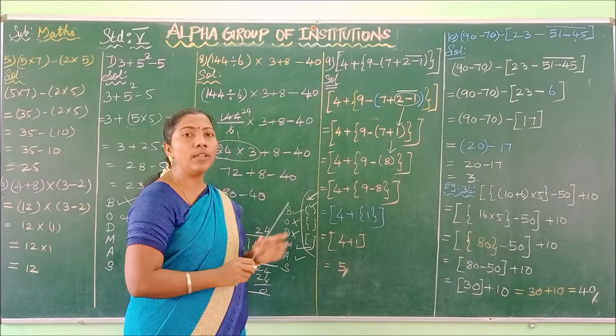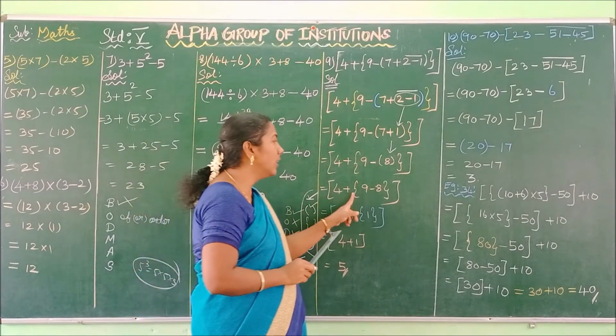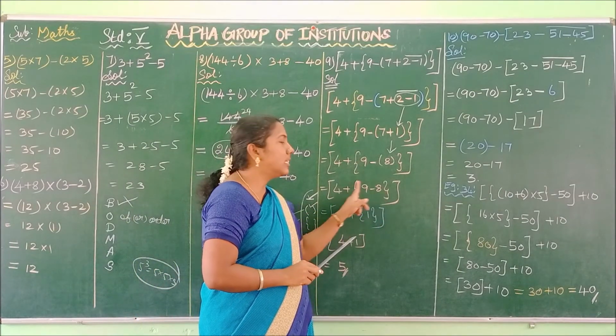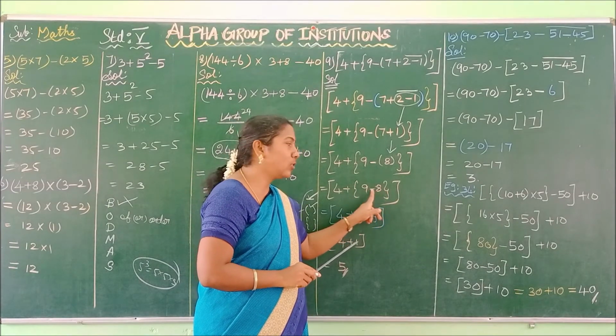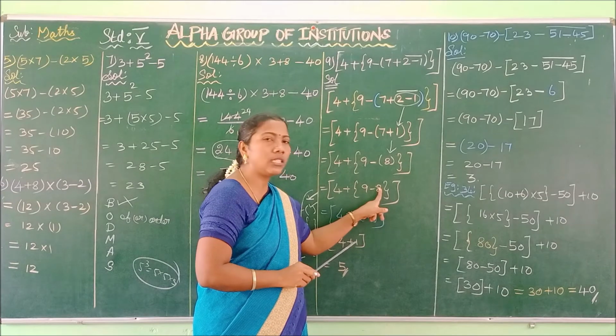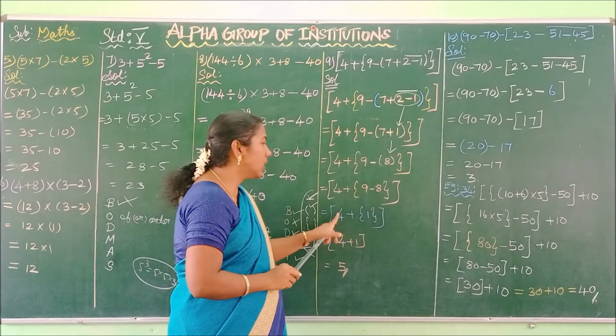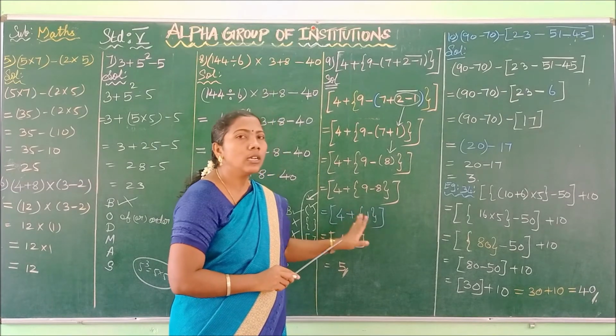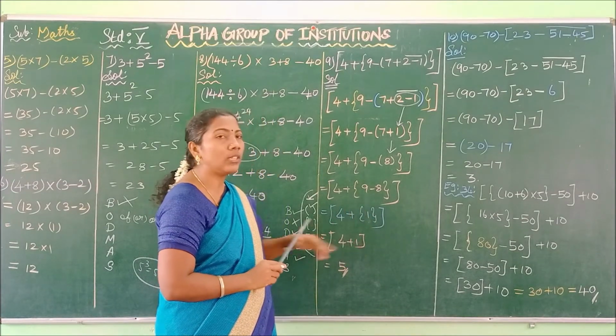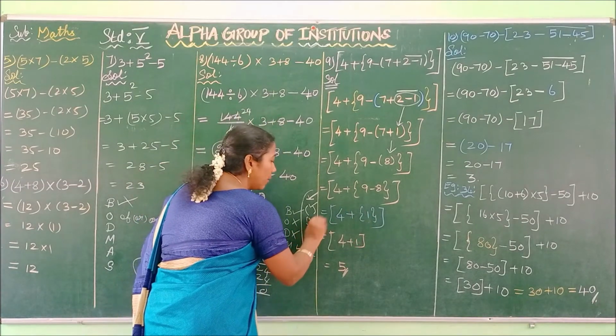Next you have to evaluate the curly bracket. Inside the curly bracket we have two numbers in the operation subtraction. So evaluate 9 minus 8. What is your answer? 1. Thus 4 plus 1. In the next step you have to remove this curly bracket. So 4 plus 1. Thus we have evaluated the curly bracket also.